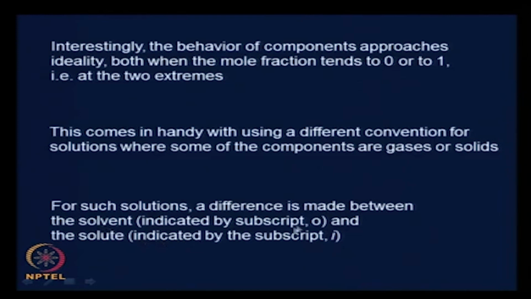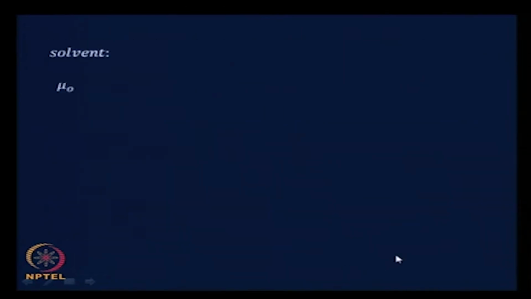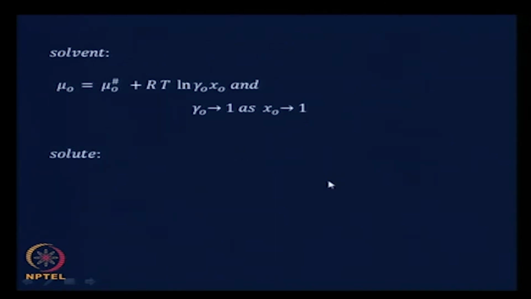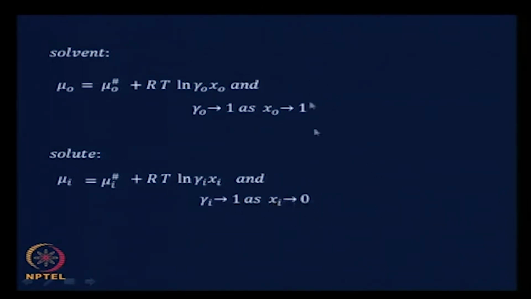The solvent is indicated by the subscript O and the solute is indicated by the subscript i. For example, mu_O equals mu_O hash plus RT ln(gamma_O x_O), and gamma_O tends to 1 as x_O tends to 1 for the solvent, and for the solute mu_i equals mu_i hash plus RT ln(gamma_i x_i), and gamma_i tends to 1 as x_i tends to 0. This is for the solute, and both these put together as equation 4.9.